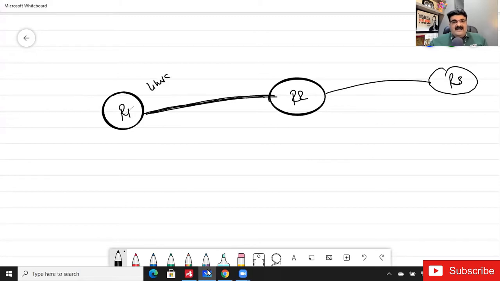If you want to send data from R1 to R3, you cannot use link local address. The data for link local remains to that particular link only. It is fixed and cannot cross the boundary of the link, and that's why we call it a link local address.